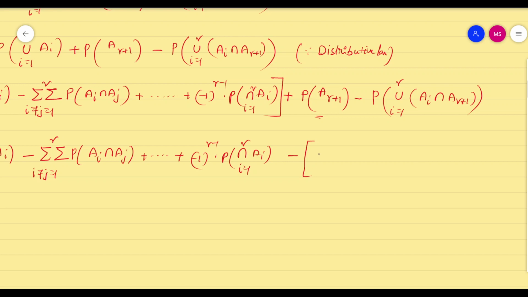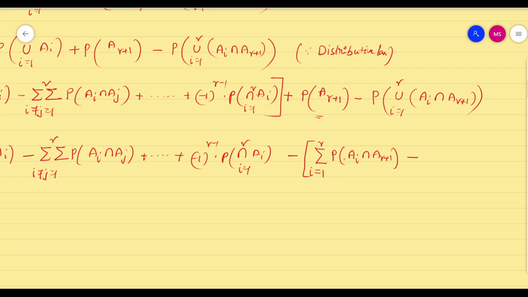So I am expanding that: summation i running from 1 to r of P of the first term, A_i intersection A_{r+1}, minus, right?